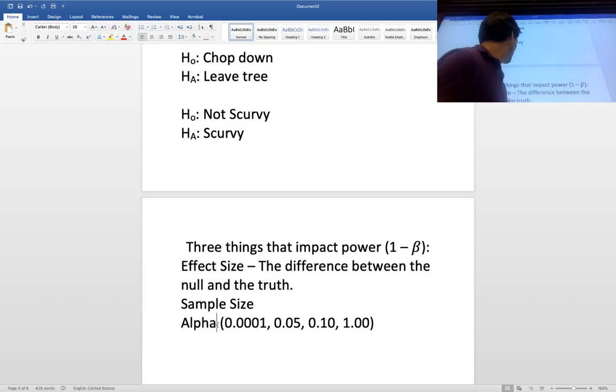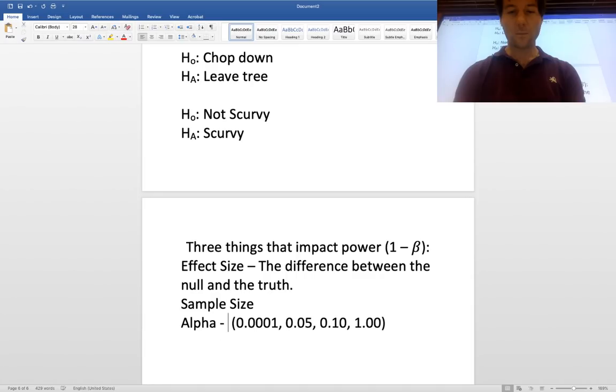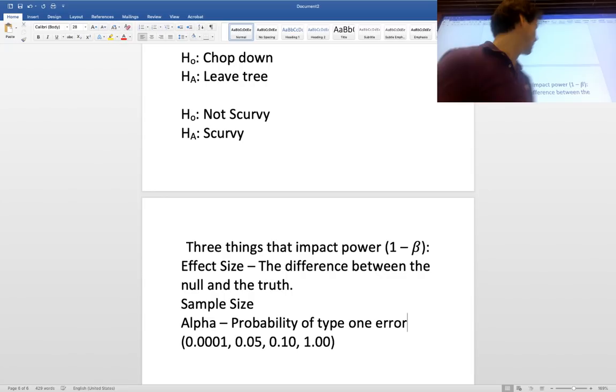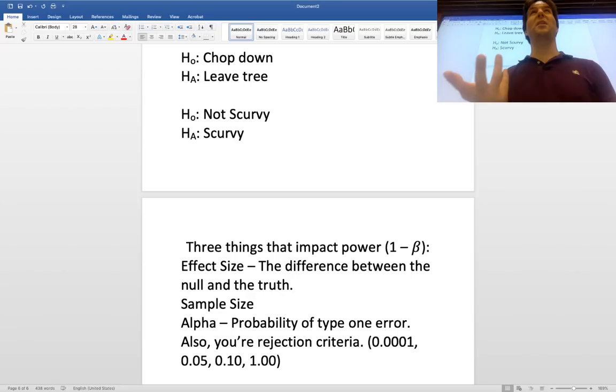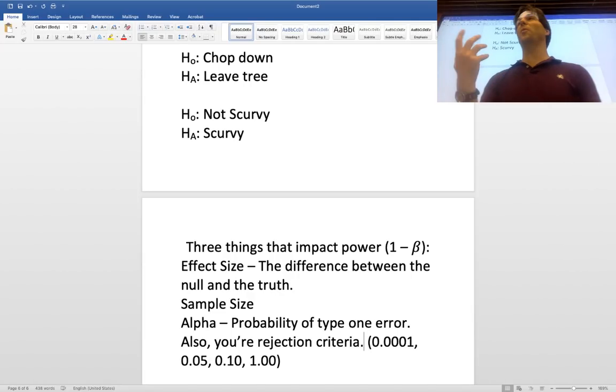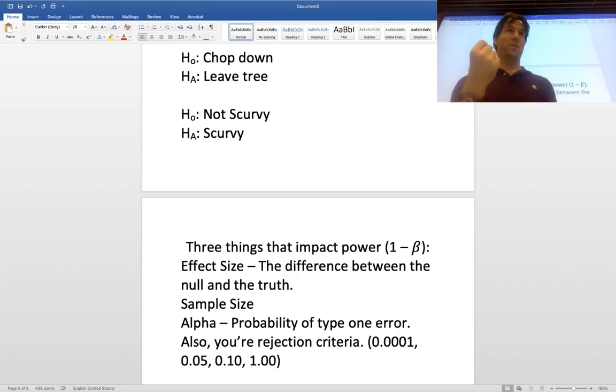So let me write, like Mohammed asked, probability of type 1 error. That's your alpha. Also your rejection criteria, because it's the point at which you'll reject the null. Does that make sense? Your p-value also has to be compared to alpha to reject the null. We say when the p-value is low, reject the null.